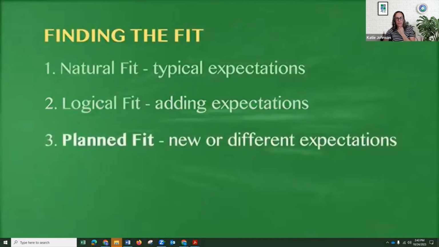A planned fit would be when you modify or make an adaptation or arrange the environment so that a child will have an opportunity to practice a skill. An example of this might be if I'm working on helping a child learn to fasten or unfasten clothing items. We might not have a lot of natural opportunities to do that in the classroom day, except for maybe arrival and departure.